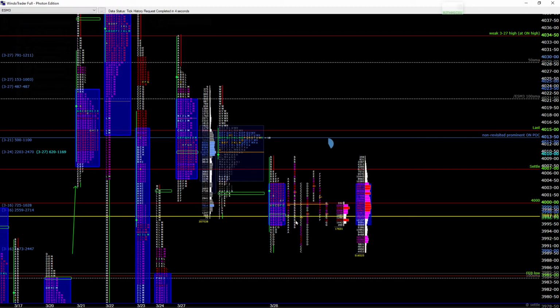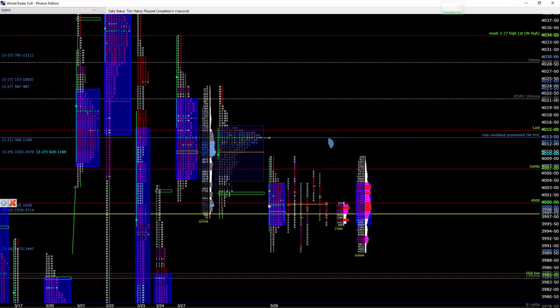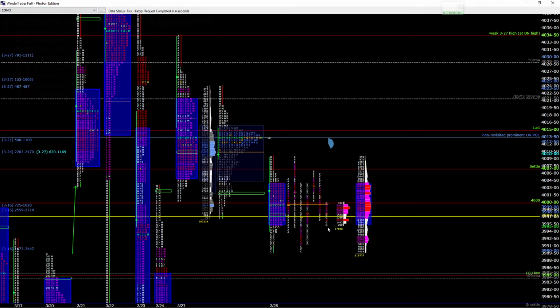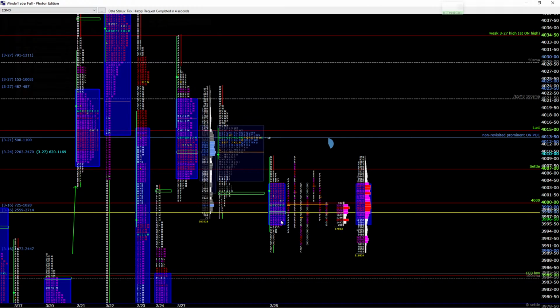And you can see the danger here is I want to see where this POC develops. If this POC ends up here or ends down here, it will change. Being up here or down here could mean completely different things. If it ends down here, you will see why we see the market buying, right?